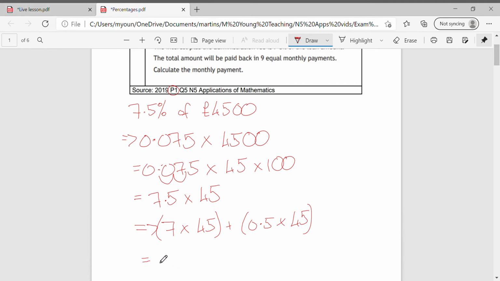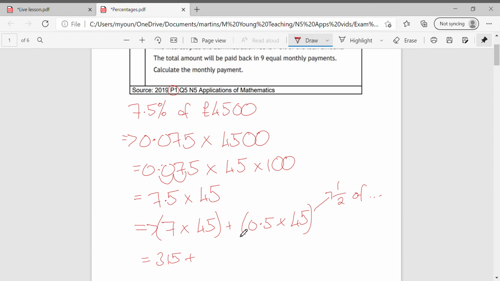But you can set out a sum to do that. And then 0.5 times 45, well, that is just the same as half of. That's what 0.5 means. 0.25 would be a quarter of, 0.75 would be 3/4 of, and so on. Those are common ones to know. So I'm just looking for a half of 45.